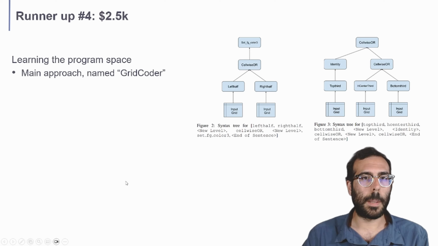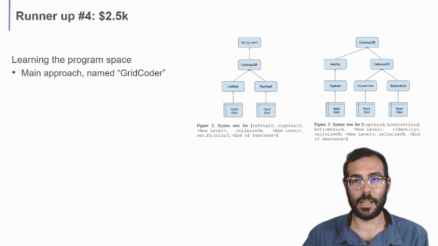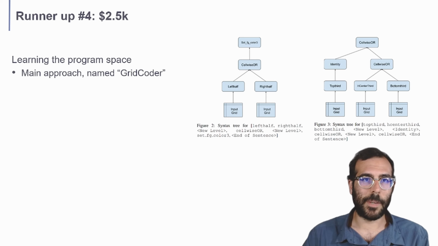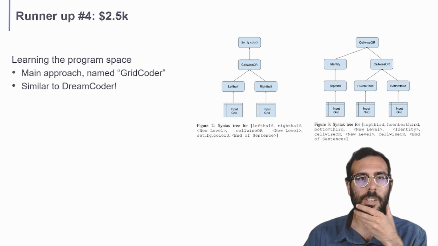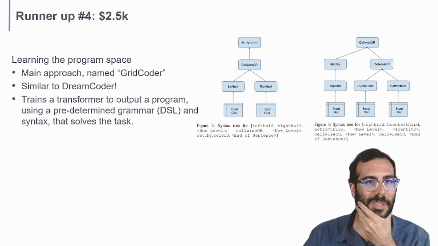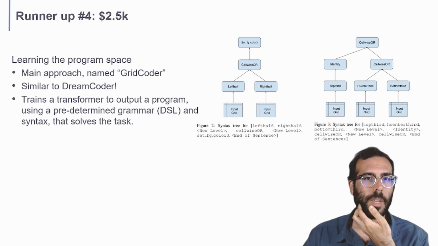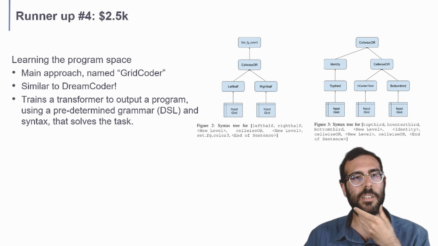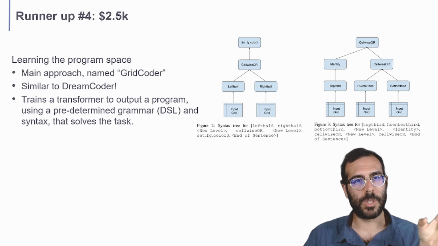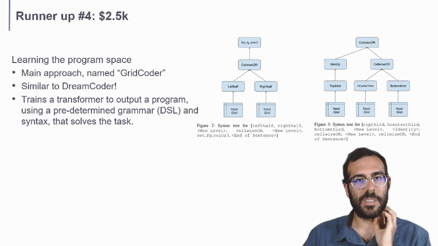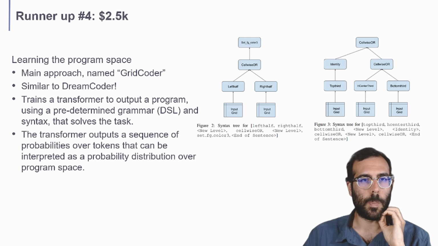So then you can also learn the program space, and this is the one that most time is spent on. It's called Grid Coder. It's kind of similar to Dream Coder that we talked about in the previous module. And so what you do here is you train a transformer to output a program using a predetermined grammar, so a domain-specific language with a certain syntax that solves the task.